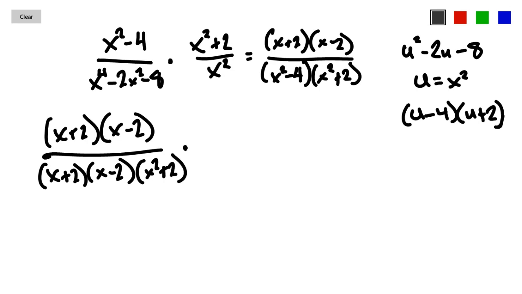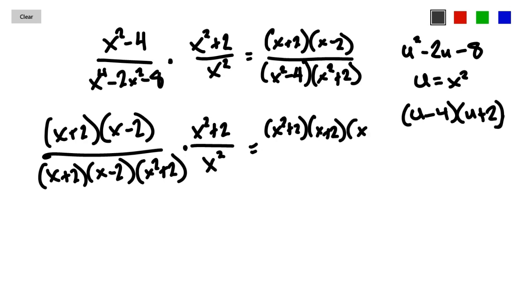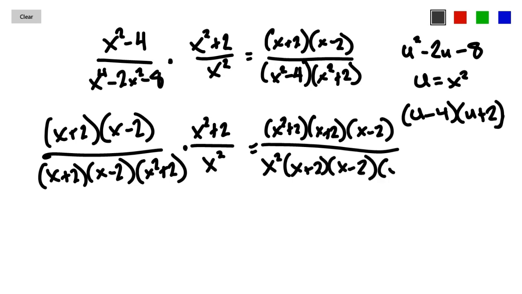And I'm going to multiply that by (x squared plus 2) divided by x squared. So to multiply these two fractions, all I got to do is multiply straight across. So what I'm going to end up with is (x squared plus 2) times (x plus 2) times (x minus 2) on the top, and on the bottom I've got x squared times (x plus 2) times (x minus 2) times (x squared plus 2).